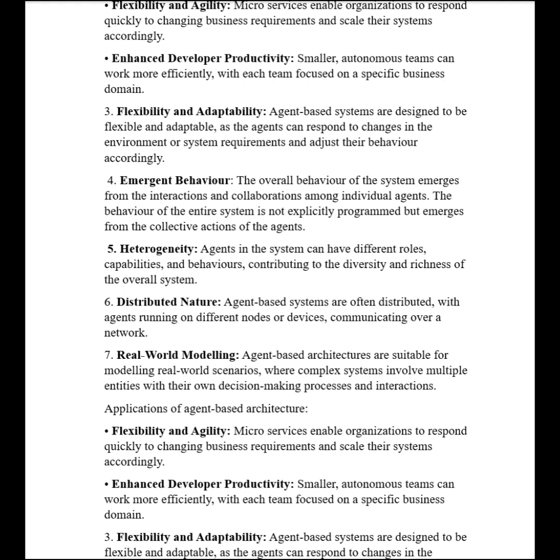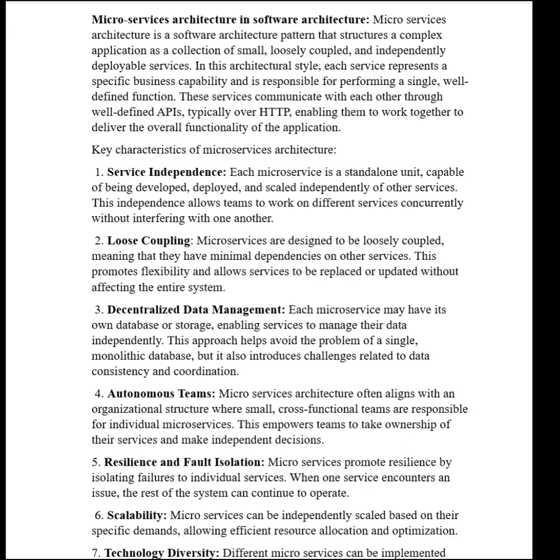The system is made of autonomous agents that interact and cooperate. Each agent has its own knowledge, behavior, and goal. Used in AI systems, swarm robotics, and distributed control systems. Advantages: adaptability, flexibility, and real world modeling.